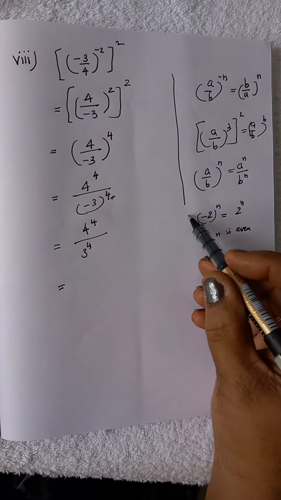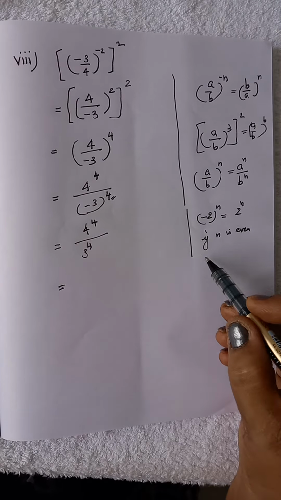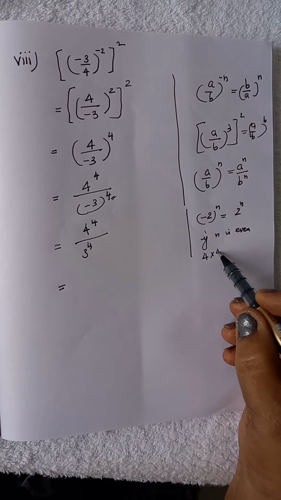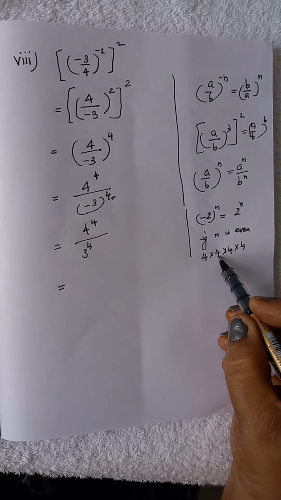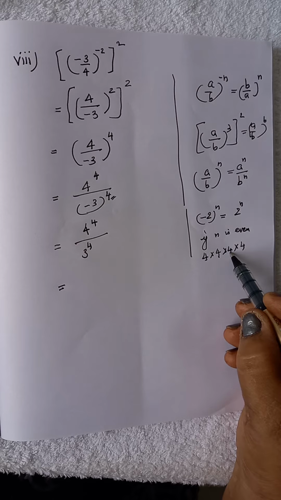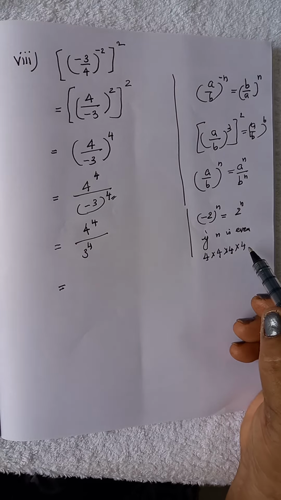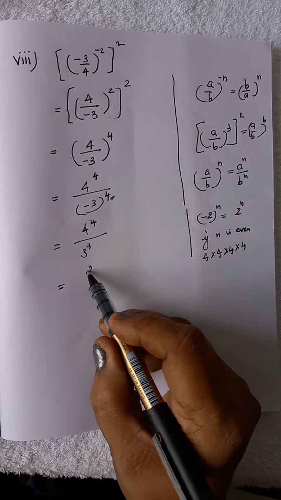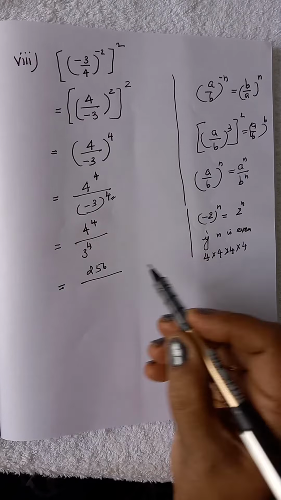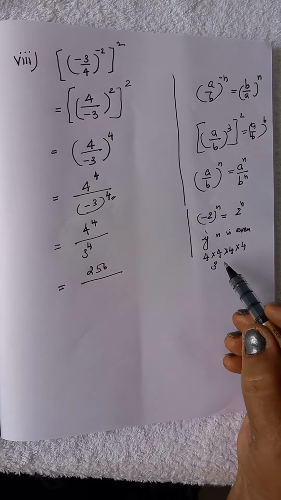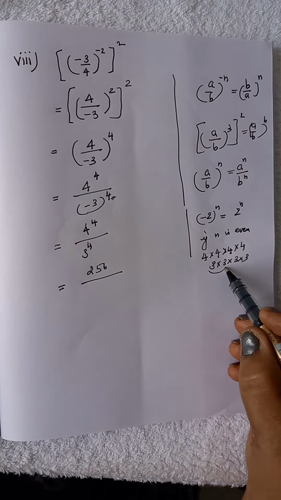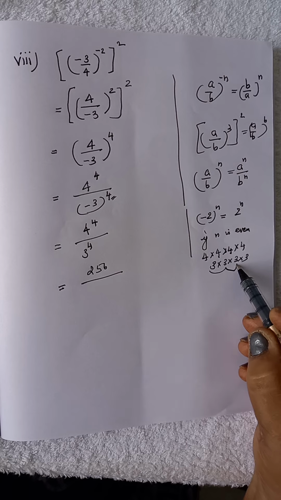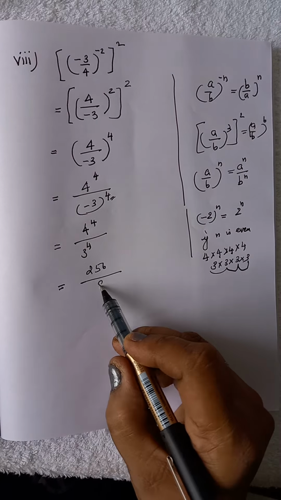Now again this is equal to 4 raised to 4 means 4 into 4 into 4 into 4. That is 4 into 4 is 16, 16 into 4 is 64, that into 4, that is equal to 256. Then that divided by 3 raised to 4 means 3 into 3 into 3 into 3, that is 3 into 3 is 9, 9 into 3 27, that into 3 is 81.